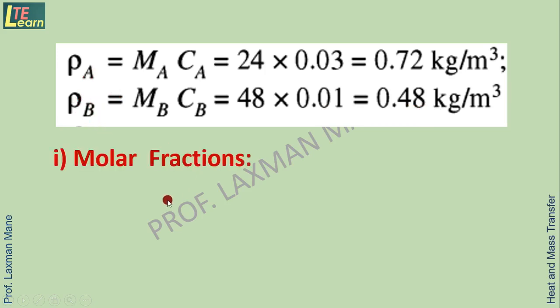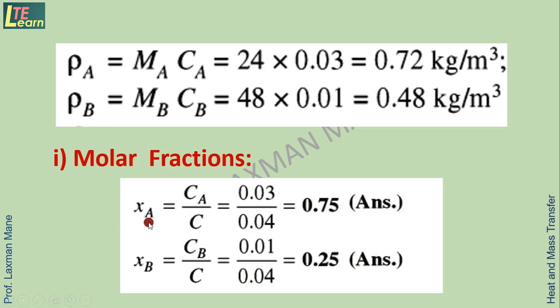Now we can first find the molar fractions. So for gas A, XA, the molar fraction, is equal to the molar concentration of gas A divided by the molar concentration of the total mixture.